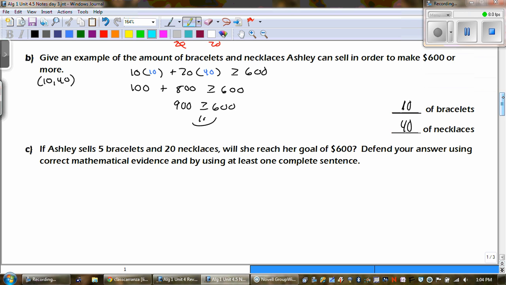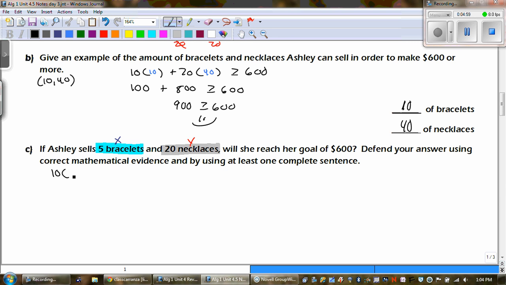All right. So if Ashley sells 5 bracelets and 20 necklaces, so bracelets and necklaces, remember, X and Y, will she reach her goal of $600? And that's not just by going up and looking at the graph.